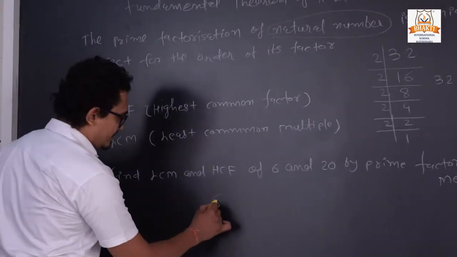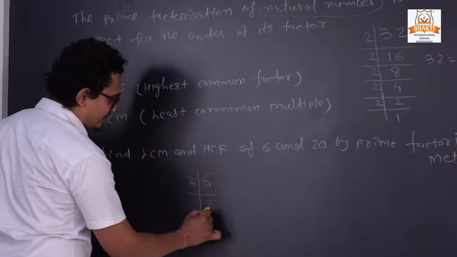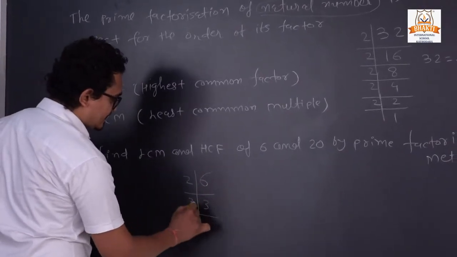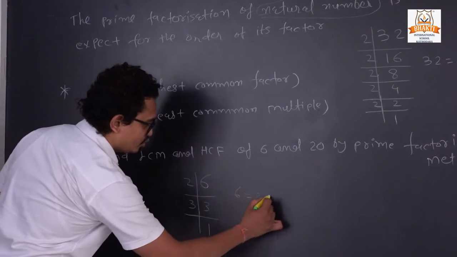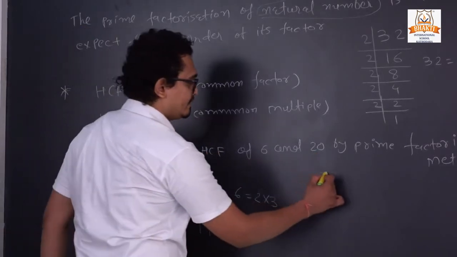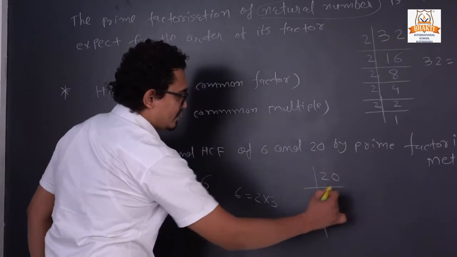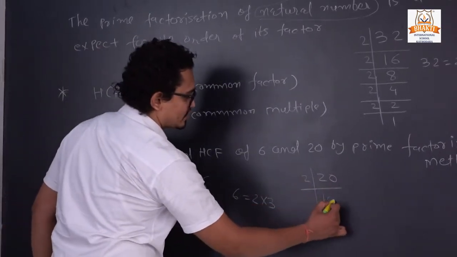Now here we can write 6. It is divisible by 2, so here we have 3. Now 3 ones are 3. So what is the prime factorization of 6? It is 2 into 3. Our second number is 20. Now 20 is divisible by 2, so it will be 10.